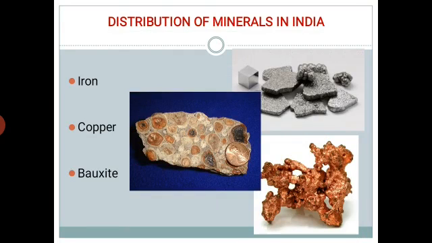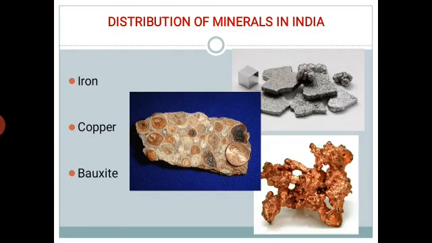In the world, iron is found in Australia, Russia, Brazil, India, Ukraine, Canada, Sweden, and also in Iran, Kazakhstan, and the United States. In India, it is found especially in Jharkhand, Odisha, Chhattisgarh, Karnataka, Goa, and Maharashtra.